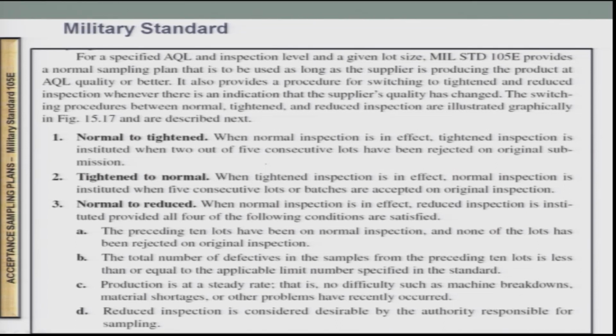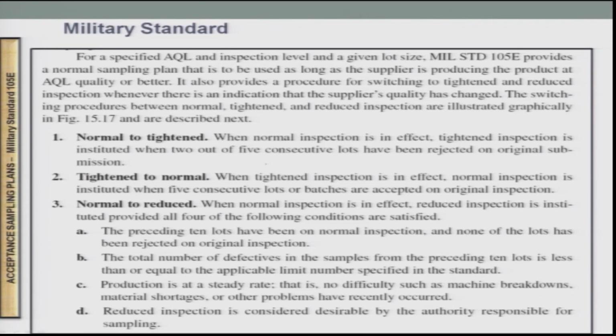If you are going from normal to reduced: when normal inspection is in effect, reduced inspection is instituted provided all 4 of these conditions are satisfied. Number 1, the preceding 10 lots have been on normal inspection. These are specifications like 10 or 12 or 13, whatever is mentioned, based on the military standards.